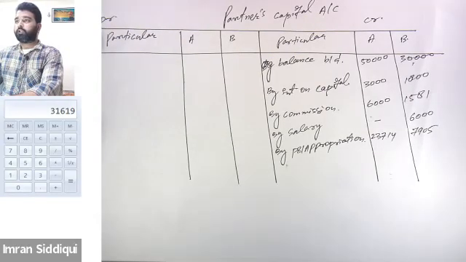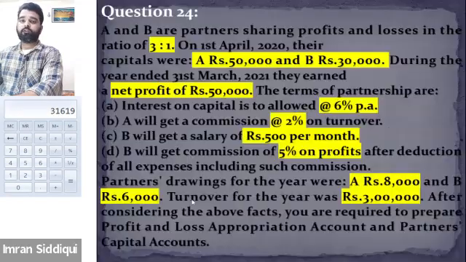Now, can any one of you tell me what transaction we will record on the debit side of the partners' capital account? What item do we need to record on the debit side? Drawings, correct. What is the value of drawings made by both the partners? It is 8,000 and 6,000, right?